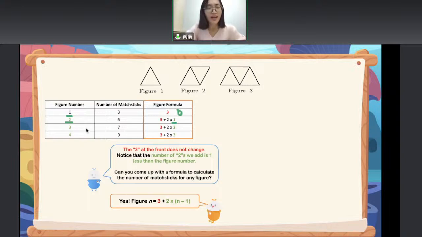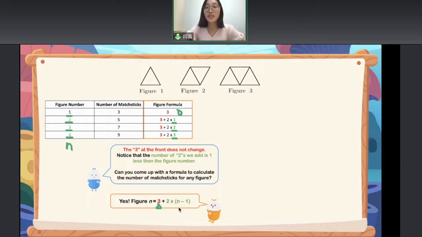That is 1. And then if it is figure 3, how many 2 do we need? We need 2. And then what about figure 4? How many 2 do we need? That is 3. So you can see that the number of 2 is always 1 fewer than the figure number, right? So following the pattern, we can know that when it comes to figure M, how many matchsticks do we need? Well, firstly, we need a basic 3.